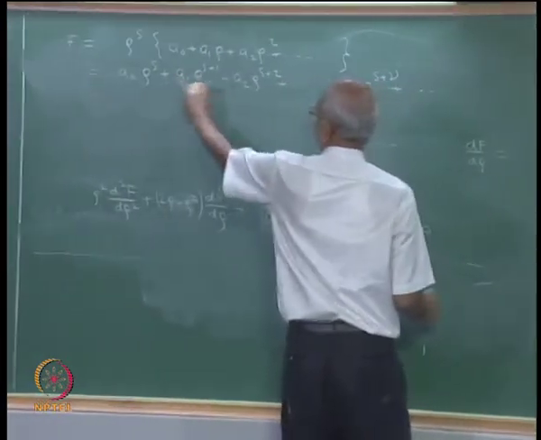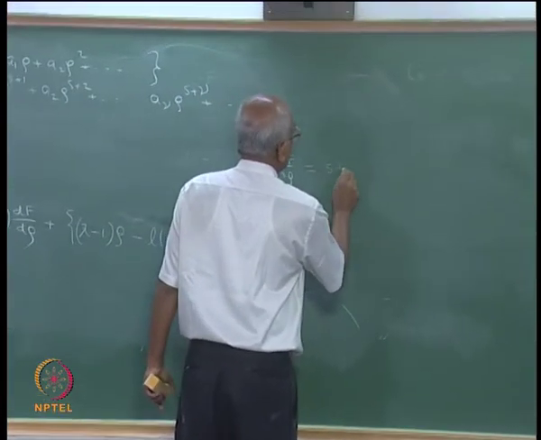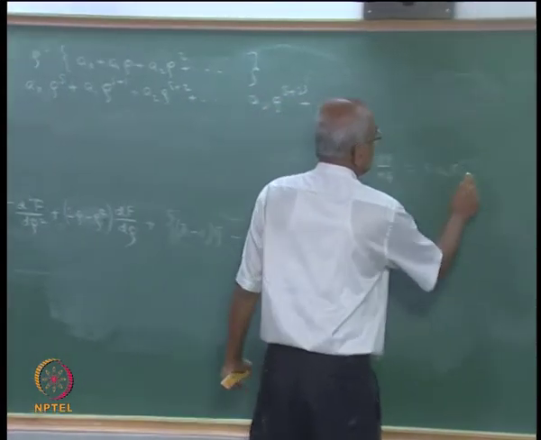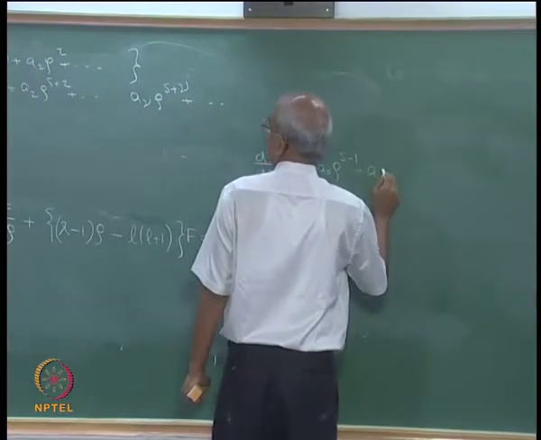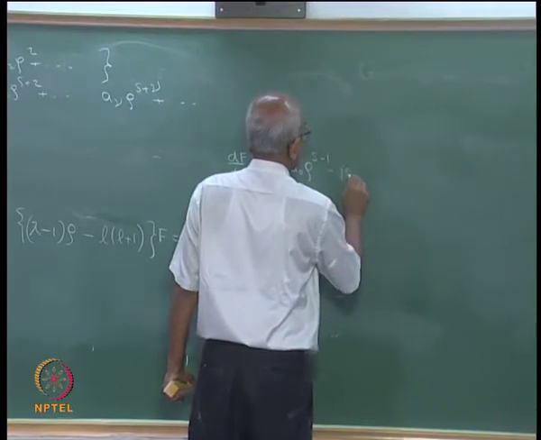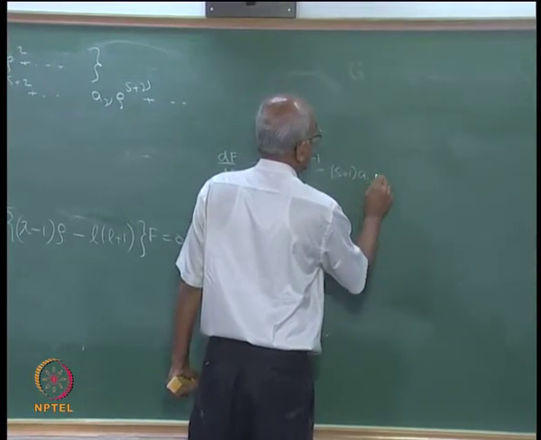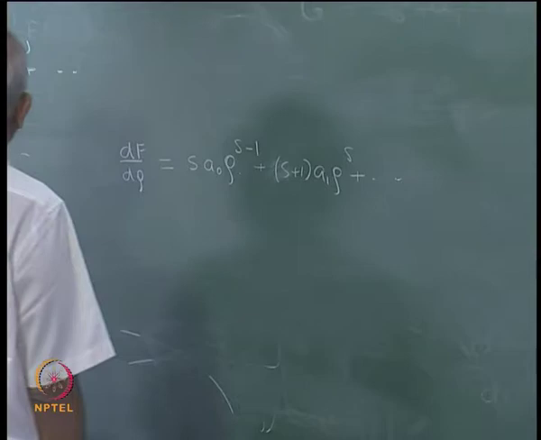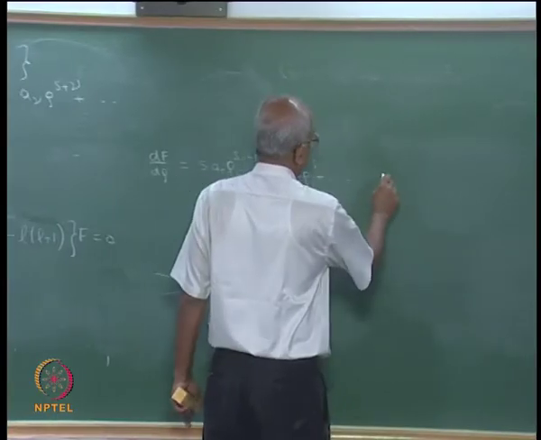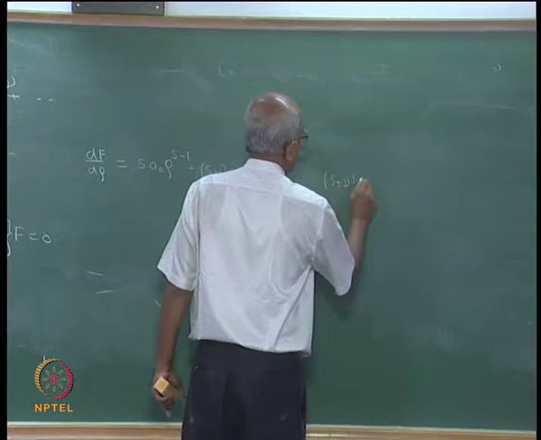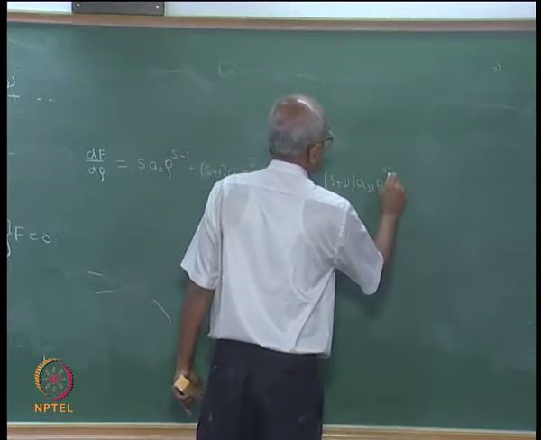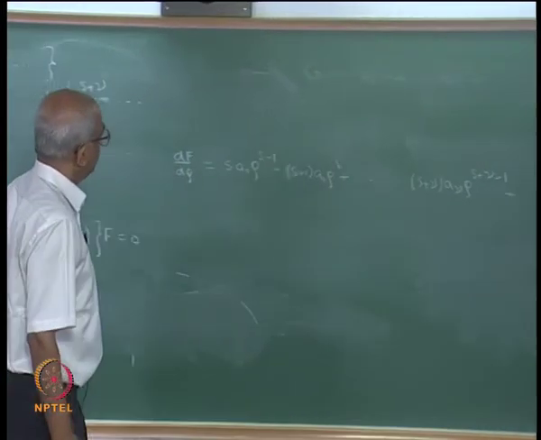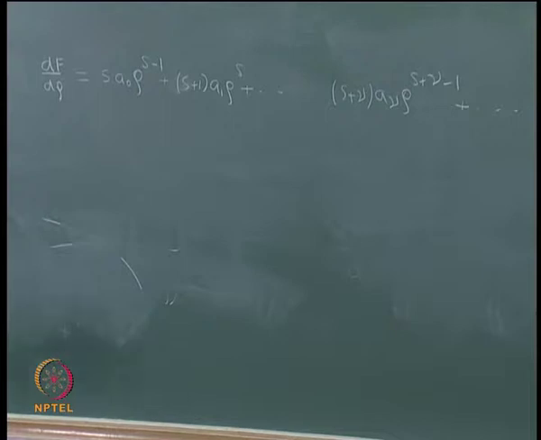Well, you have to go on differentiating this, you will get s into A0 rho to the power of s minus 1 as the first term plus, well, s plus 1 into A1 rho to the power of s. I mean, this is simple differentiation. And what will be the general term? You will get s plus nu A nu rho to the power of s plus nu minus 1. Correct?